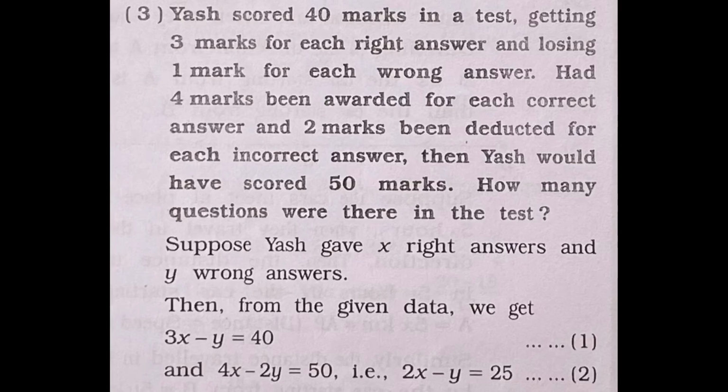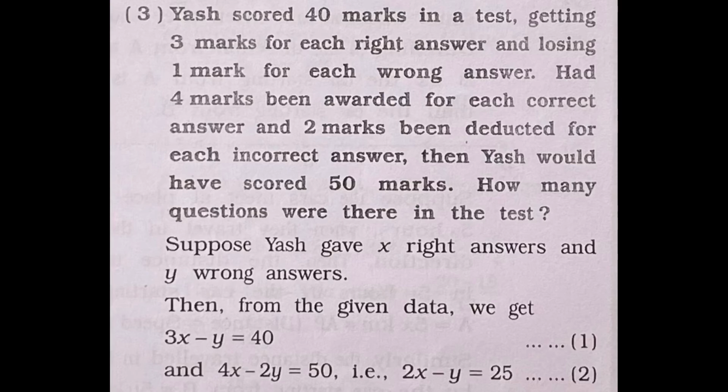If he gives one correct answer, he will get 3 marks. If he gives 2 correct answers, he will get 3 into 2, that is equal to 6 marks. Now here we have supposed that he gave x correct answers. So total marks which he will get for correct answers will be 3 into x, and 1 mark is lost for giving one incorrect answer.